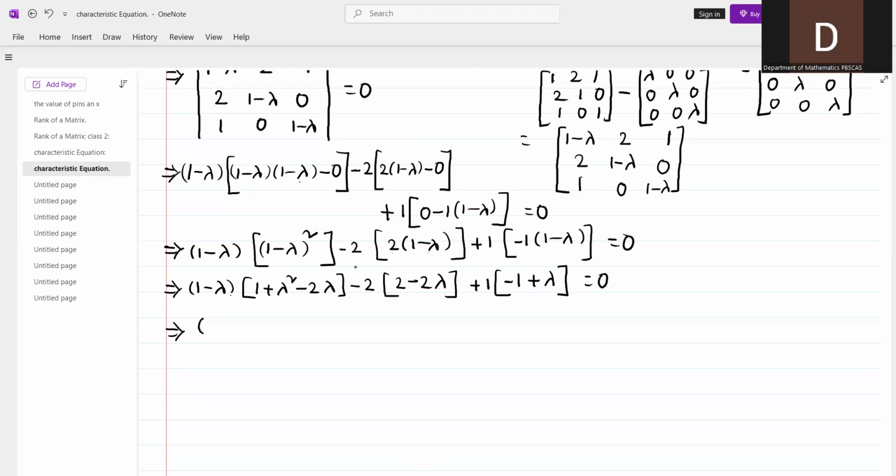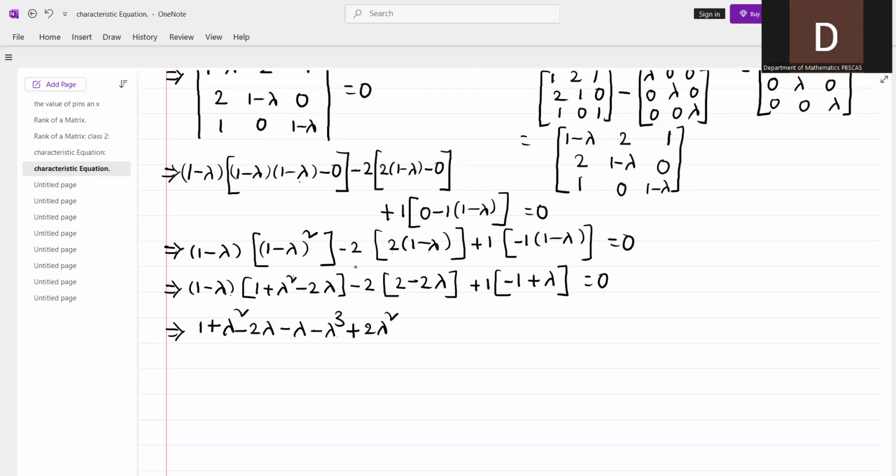So first, 1 తో each and every element ని multiply చేద్దాం. 1 into 1 is 1, plus 1 into lambda square, minus 1 into 2 lambda, minus lambda into 1 minus 2 lambda plus lambda square, minus lambda cube, because lambda into lambda square is lambda cube, minus into minus plus 2 lambda square.